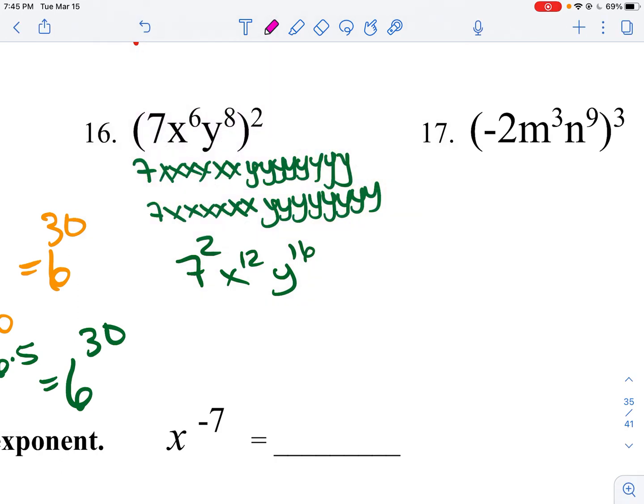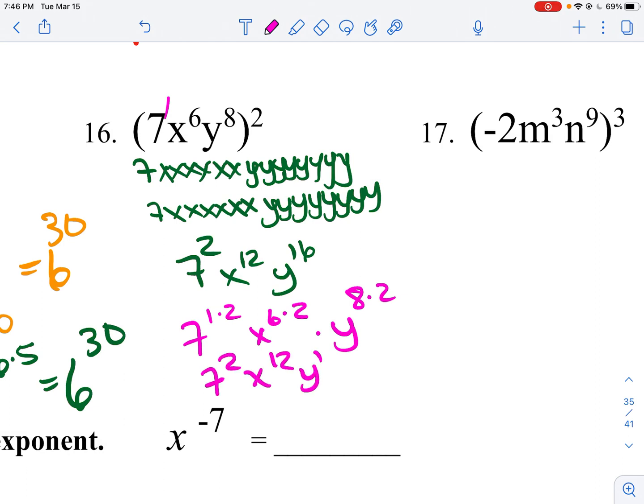If I was to do it the property way, remember it has a 1 there. 1 times 2, 6 times 2, 8 times 2. I would get 7 squared, x to the 12th, y to the 16th.